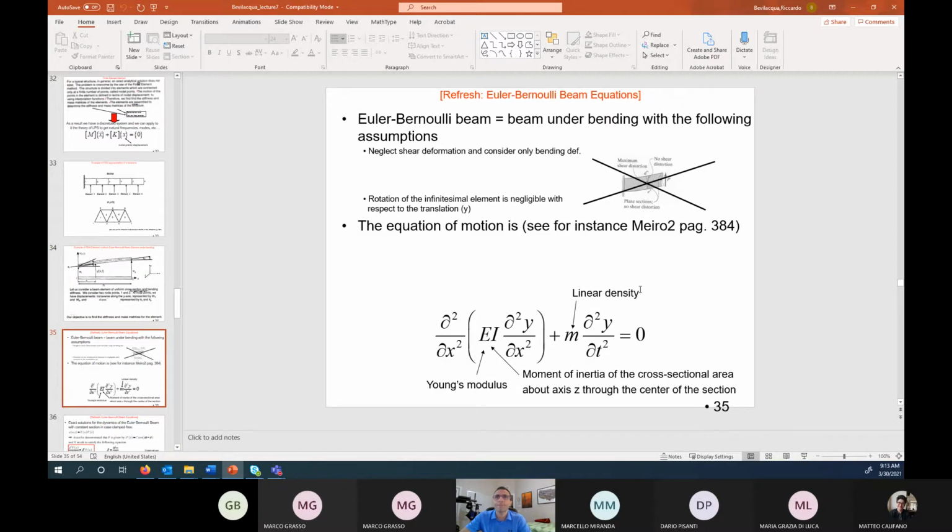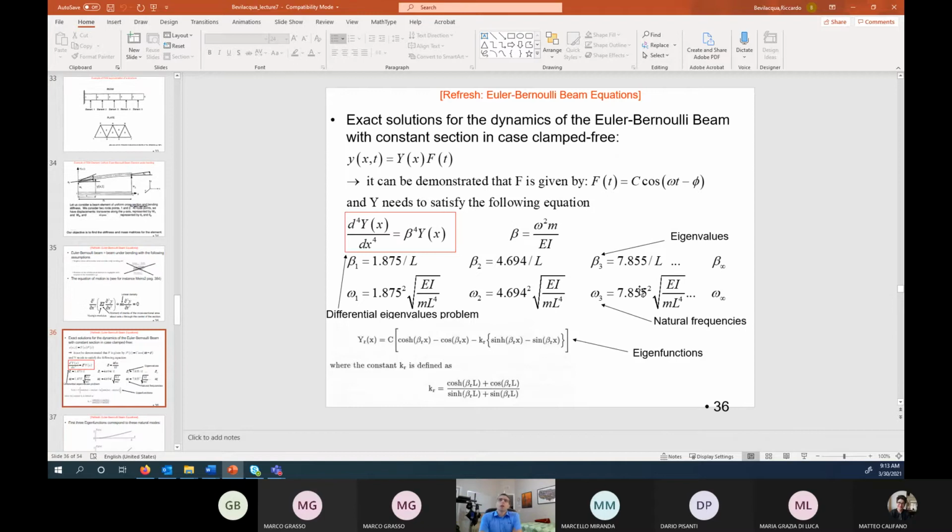Okay. So what do we do with that? Well, we know that the exact solution for that Euler-Bernoulli beam equation, in case it's clamped and free, or cantilevered, so one side is attached to a wall and the other side is free, can be expressed as a function of position and time, separating the dependence on position and the dependence on time like this.